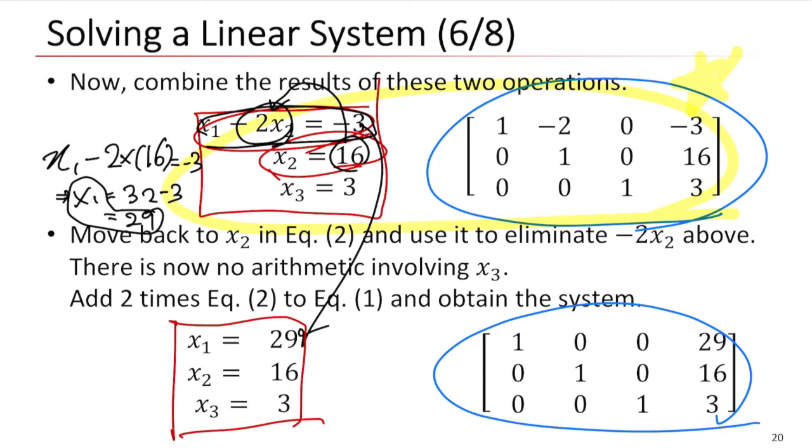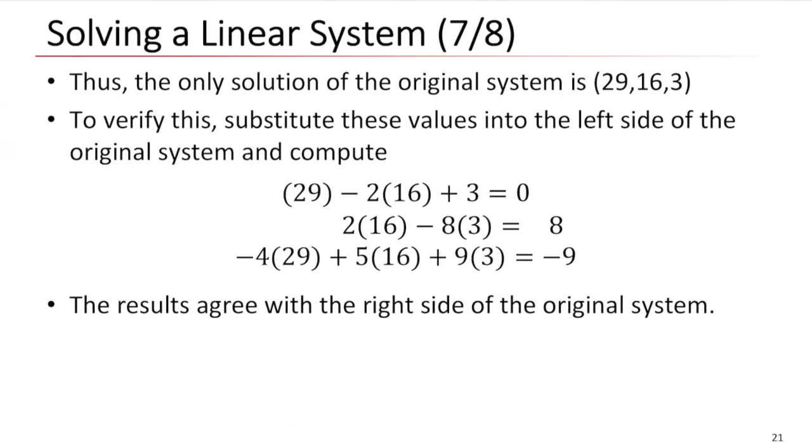And what you can learn, the solution of this original linear system is x1 is equal to 29, x2 is equal to 16, and x3 is equal to 3, right? So the only solution of this original system is 29, 16, 3, right?